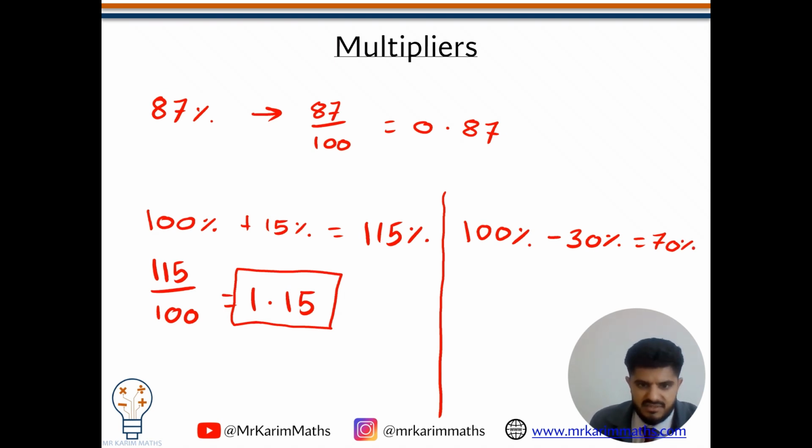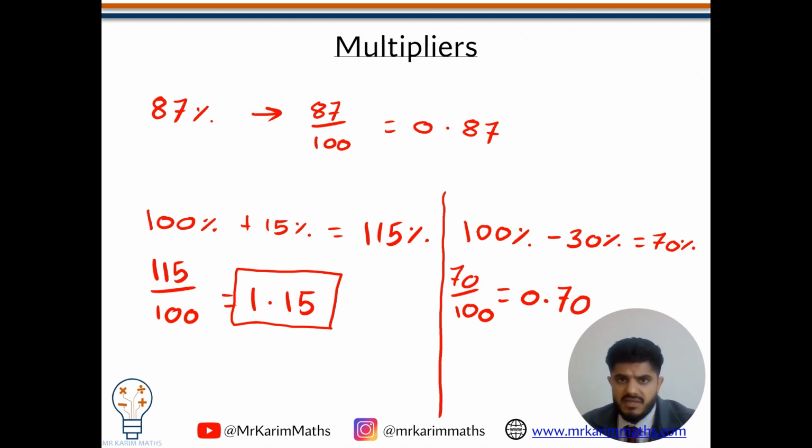And then, same concept, 70 out of 100, because that's our new percentage, gives me 0.7 or 0.70. And think about it. If I multiply a number by 0.7, the number's going to get smaller. So that is a decrease, which is exactly what I want.